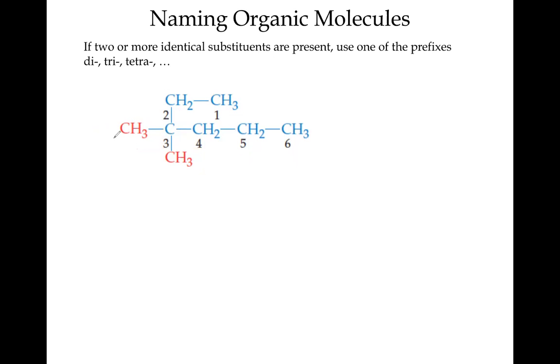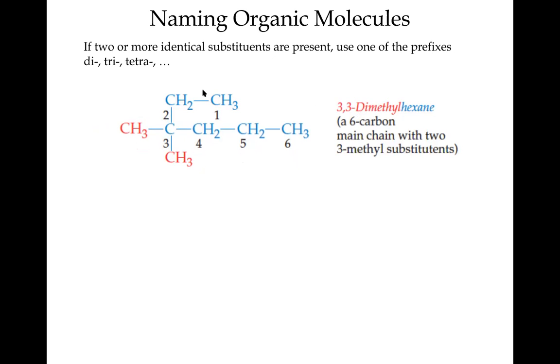And there are 2 methyl groups on that third carbon. So we would write this as 3,3-dimethylhexane.